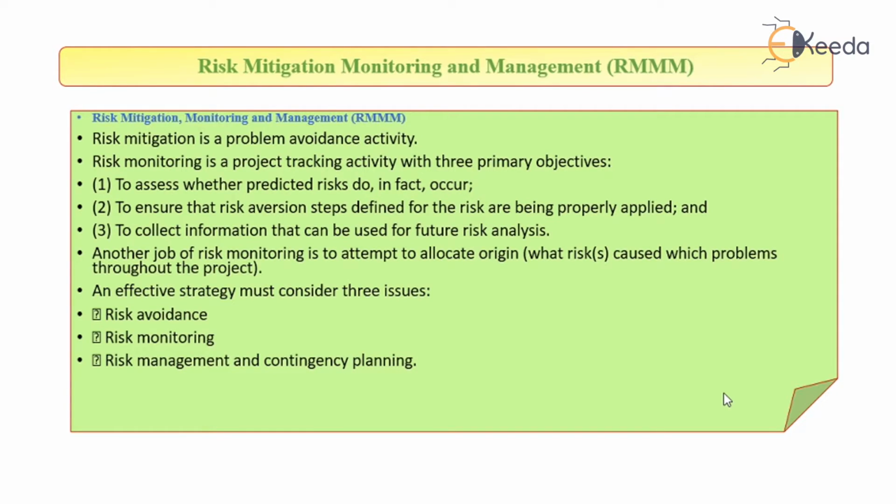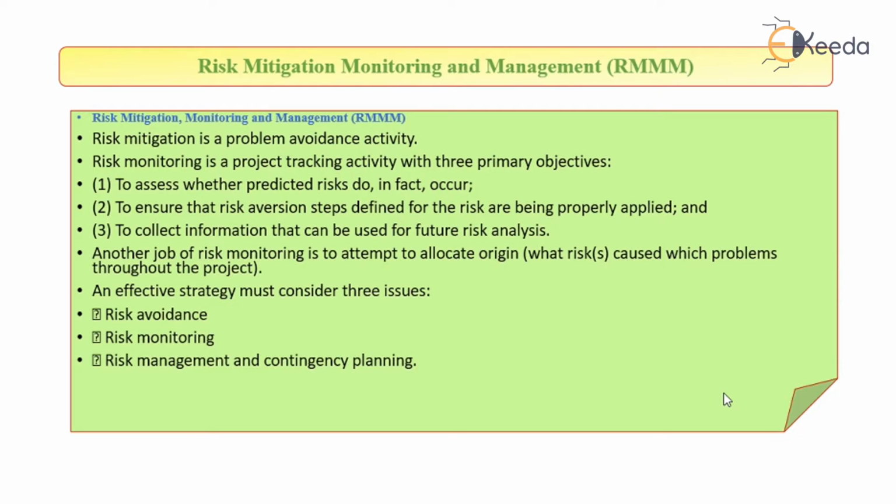Monitoring means keeping track of the project activity to see what is happening and whether the risk is going to occur, or what the chances of the risk happening in the near future are as the project development lifecycle progresses.